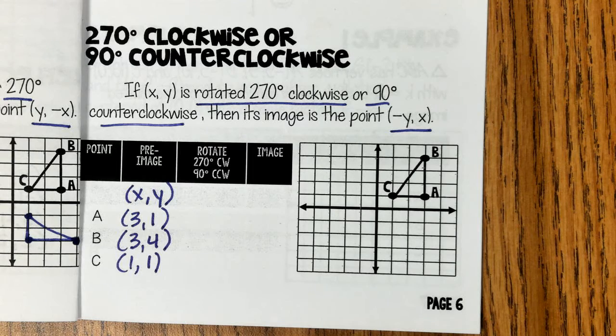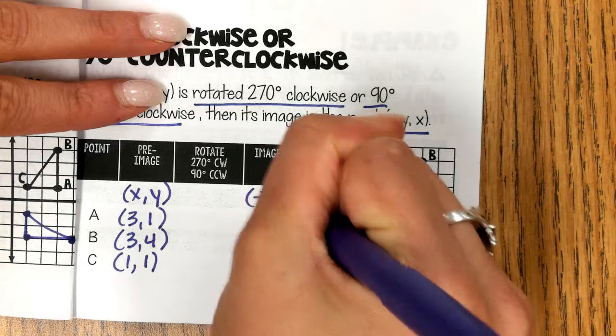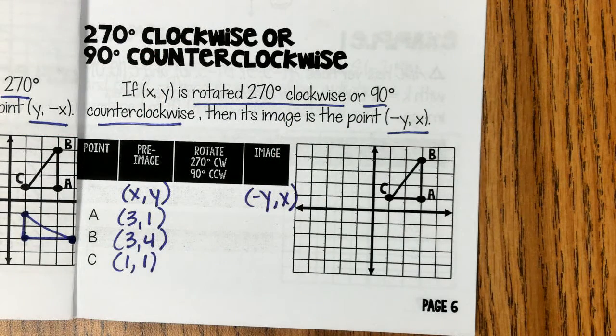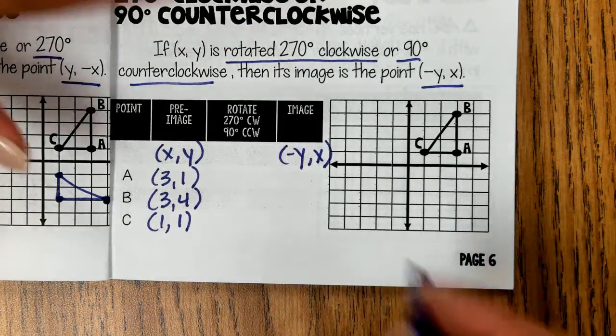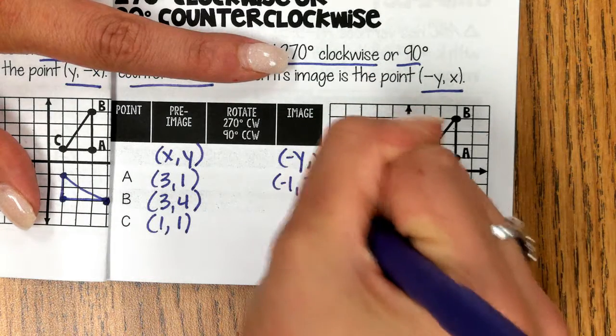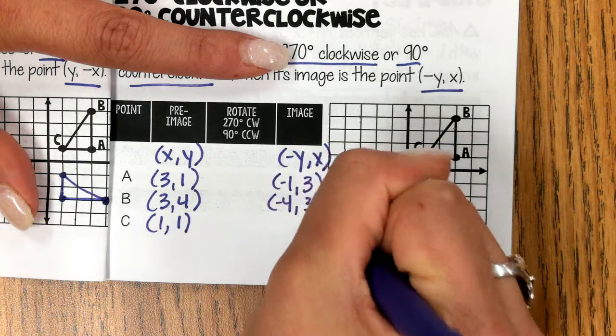Okay, and then you're going to write in negative y, x here. So your y is going to come first, but now its symbol is going to be changed. So how am I going to write it? Okay? Negative 4, 3, and negative 1.